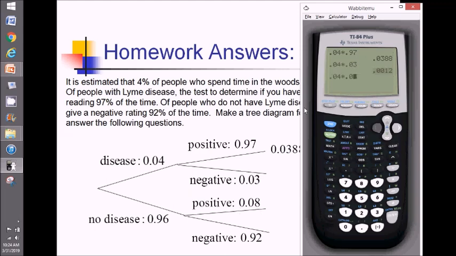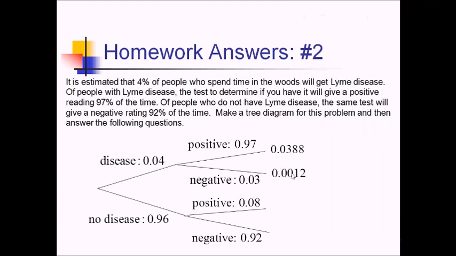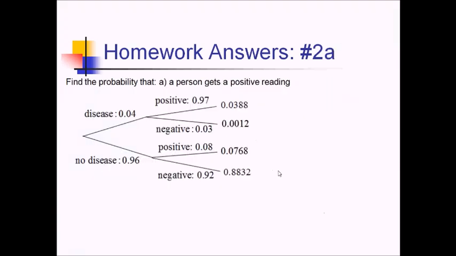So we got 0.96 times 0.08 is 0.0768, and now for this last branch, 0.96 times 0.92, which gives us 0.8832. So there was that piece, another leaf, and now we can go on to answer the rest of the questions. For part A on this question, we want the probability that a person gets a positive reading.